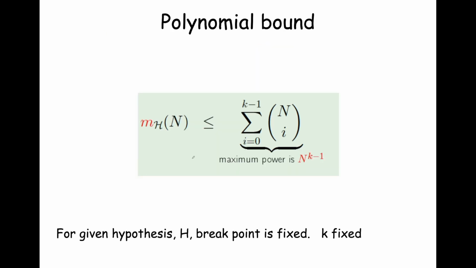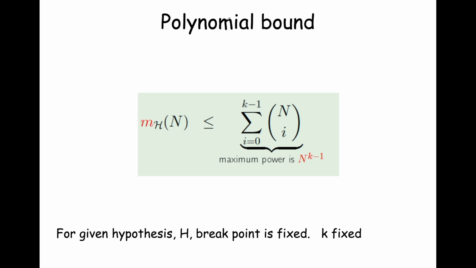All right, so when we show our growth function is bounded from above by B(n, k), which is bounded from above by this summation, i goes from 0 to k minus 1 of n choose i, the maximum power in this is polynomial in k.